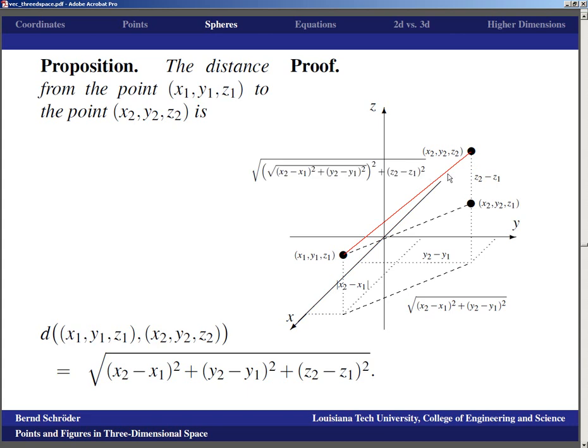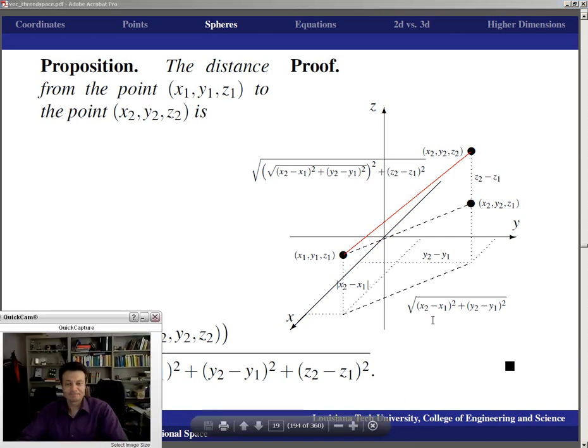And so that means that, again, by Pythagoras' law, put into 3 dimensions, this is the square root of the length of this dashed side here squared, which is the square of the square root of (x2 minus x1) squared plus (y2 minus y1) squared, plus the length of this line here, and that's (z2 minus z1) squared. And of course, after you have cancelled the square root and the square, you get exactly this picture down here. And so here's where you can already see how this kind of stuff can work.